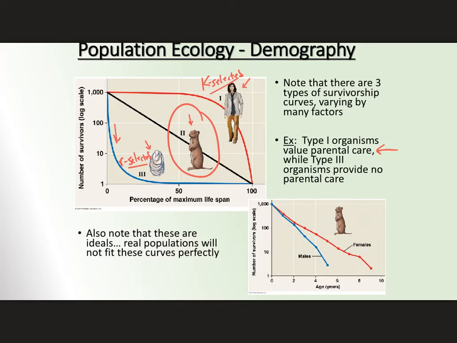And then, as this points out, a lot of times survivorship curves are estimates. If we were to actually plot out data for the example here of this ground squirrel, it's probably not going to be this perfectly straight line, but roughly fits that type 2 survivorship that we might see in these guys.